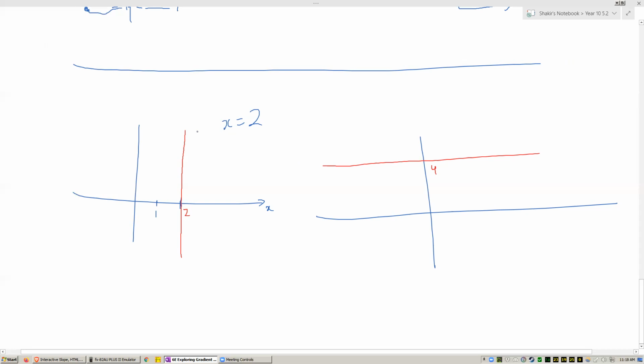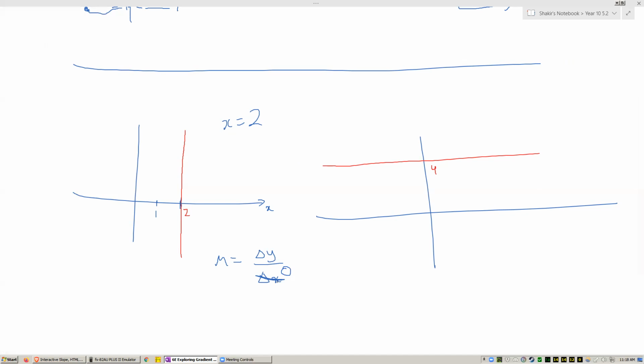Okay, but what is the gradient of this line? The gradient of this line is given by change in y over change in x. Now, how much does y change and how much does x change? Is x changing at all? X is not changing. That's going to be 0. And therefore, in case you didn't know this, you can't have 0 at the bottom of a fraction.